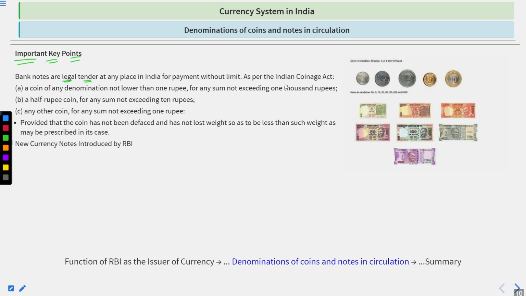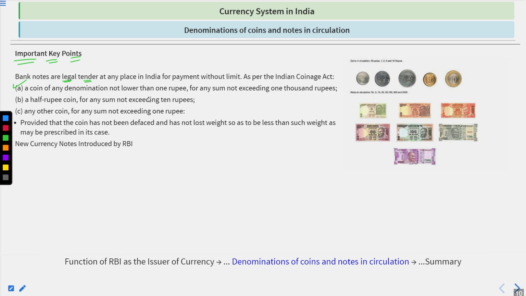As per the Indian Coinage Act, there are three possible ways. First, a coin of any denomination not lower than 1 rupee for any sum not exceeding 1000. So you could use any coin of any denomination, 1 rupee, 2 rupee, 5 rupee, 10 rupee. Remember that the denomination should not be lower than 1 rupee.